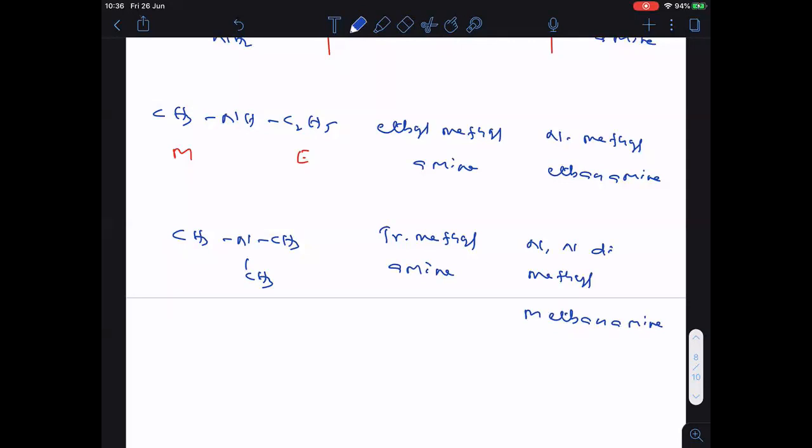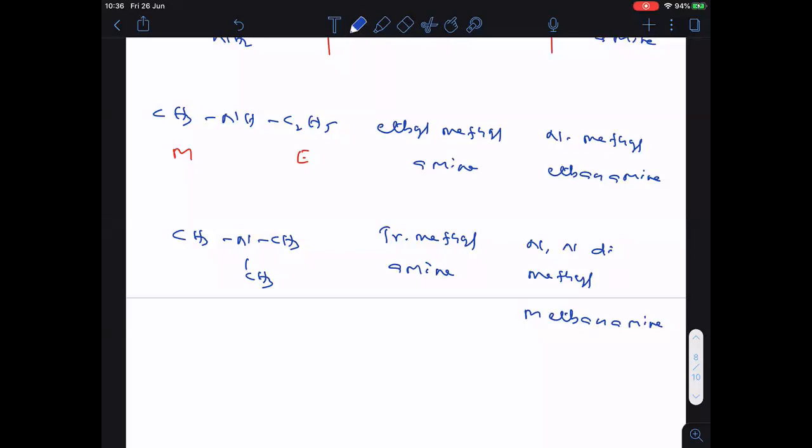Hope you are copying all these compounds, common names, IUPAC names and everything. Completed? Okay, so this is the nomenclature of the amines.